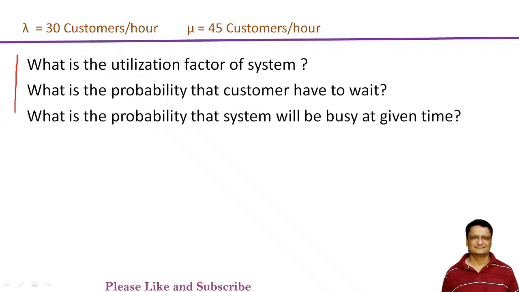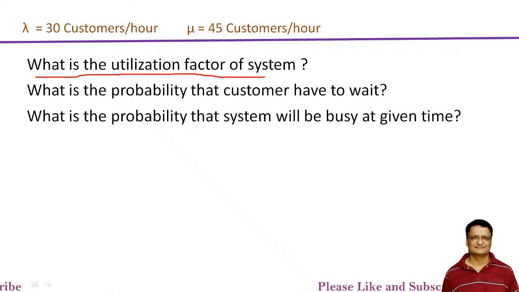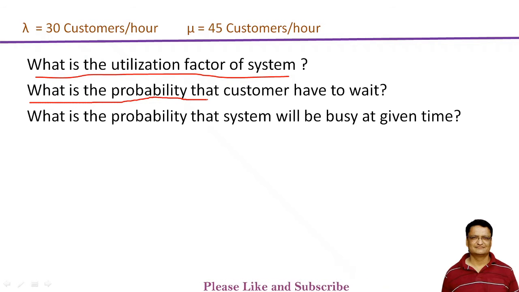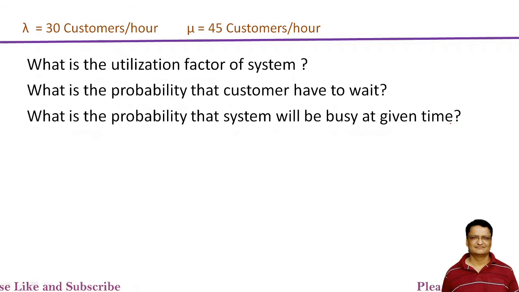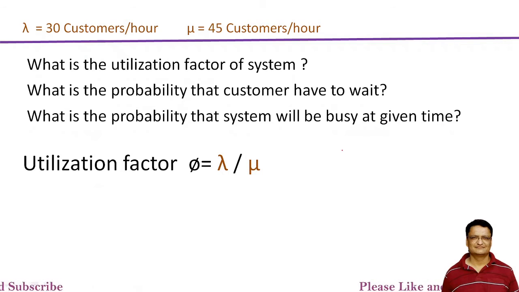Now all these three questions look to be different, but they have the same answer. So what is the utilization factor of a system is very similar to what is the probability that a customer has to wait, and is very similar to what is the probability that the system will be busy at a given time. And the answer to all these three questions is given by lambda by mu. So you need to just remember this formula.